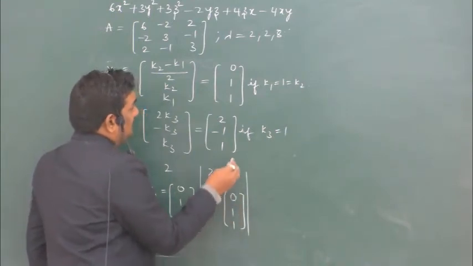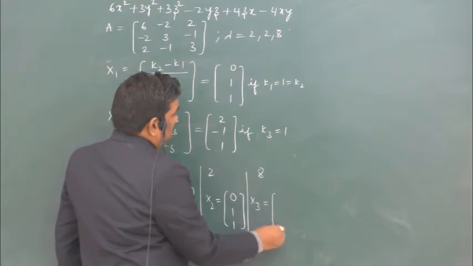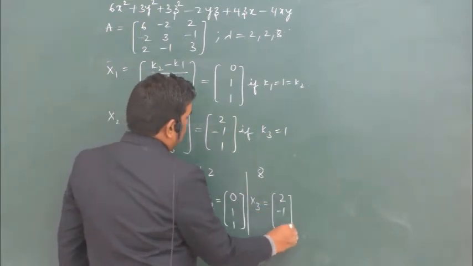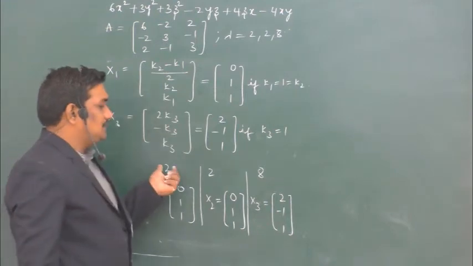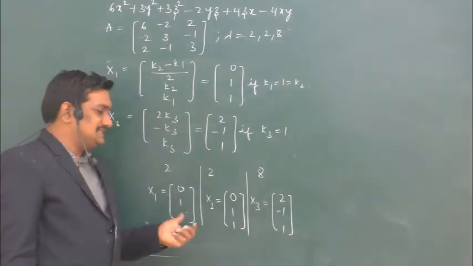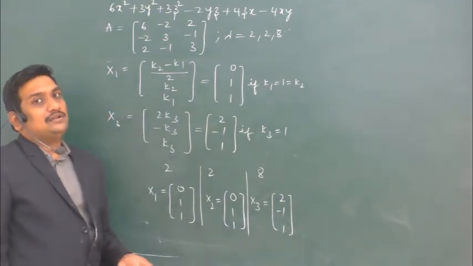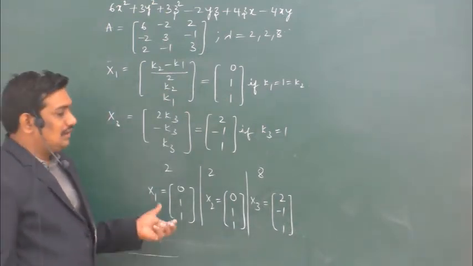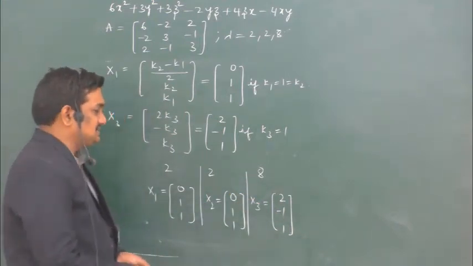The last eigenvalue is 8, and the corresponding vector is 2, minus 1, 1. Let us name it x3. 2, 2, 8 are the eigenvalues and these are the corresponding eigenvectors. The important point in the orthogonal reduction procedure is that all the three eigenvectors must be mutually orthogonal. So let us check that condition.